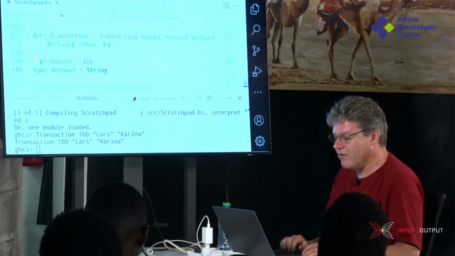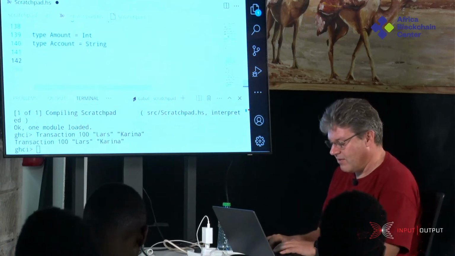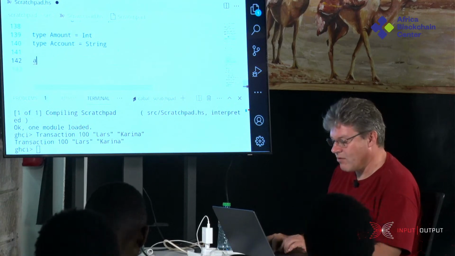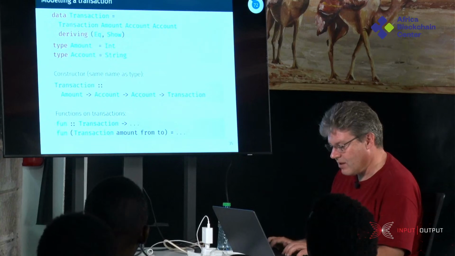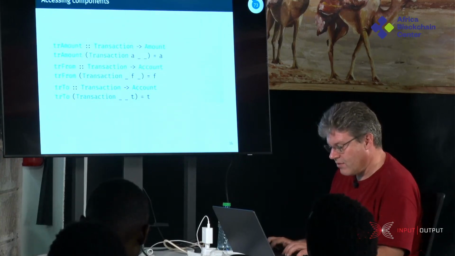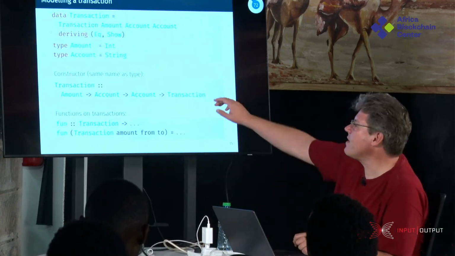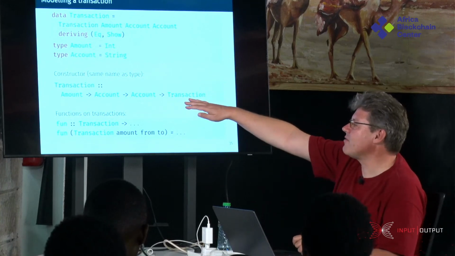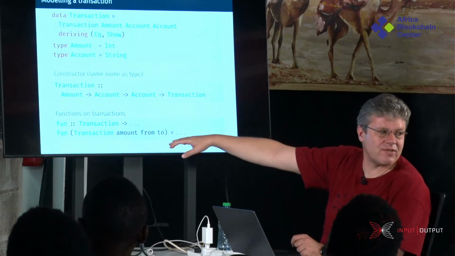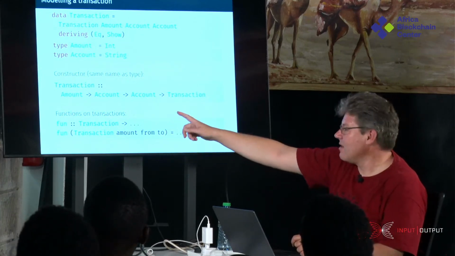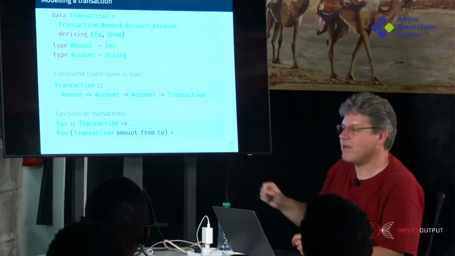And typically what we want, given a transaction, is to extract these values. So we would like a function amount, or what's it called in the slides? Oh yeah, before I come to that, because we have one constructor, functions that operate on transactions will typically have one equation where you pattern match on that one constructor.